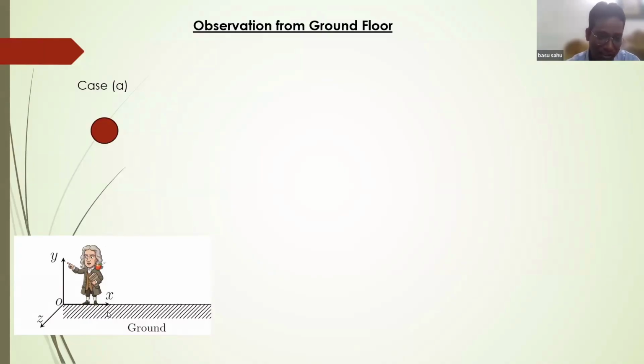I have considered the ground frame of reference, and from it I want to find out the motion of this ball. This is our system and our frame of reference. Just consider what forces are acting on this ball.